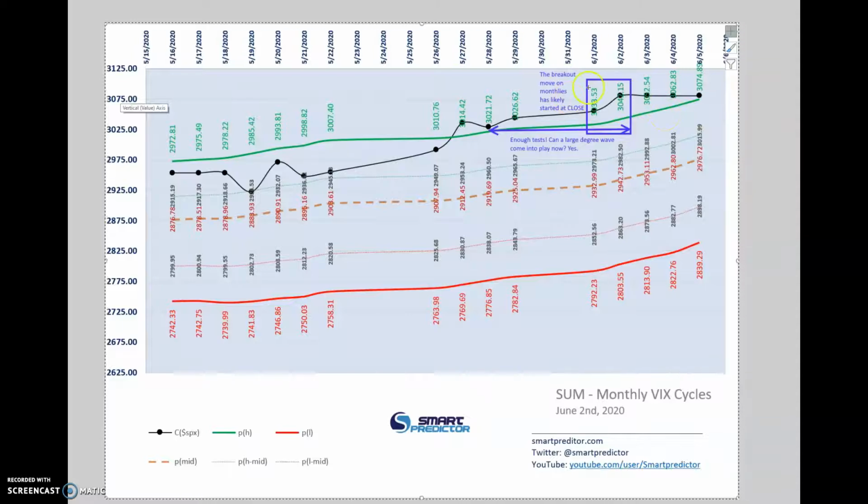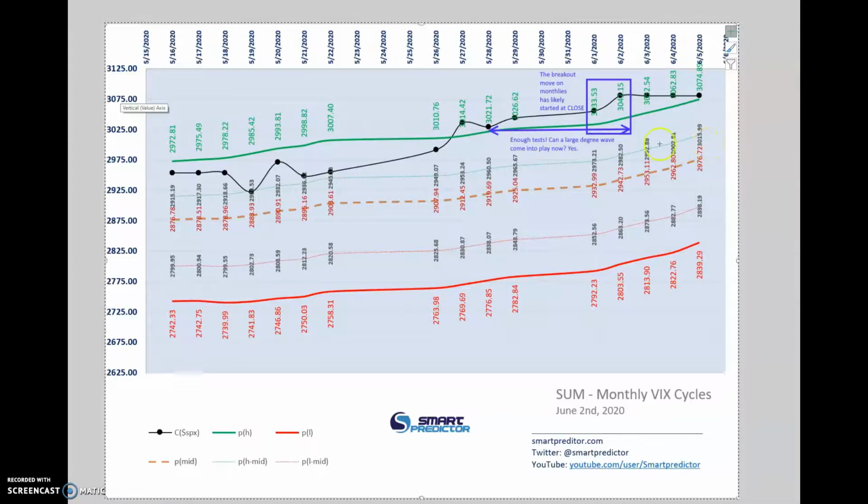Monthly wick cycles. We have one, two, three, four, five confirmations that we can get a larger move from the monthly wave. We've been riding this, but we really haven't seen something like this, which typically would mark a top on a monthly wave.